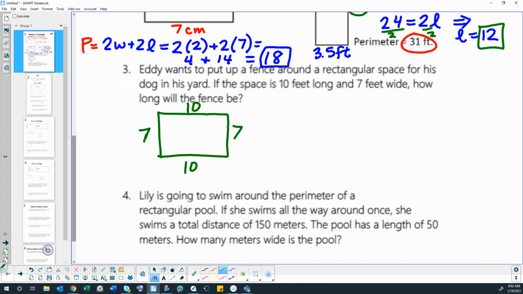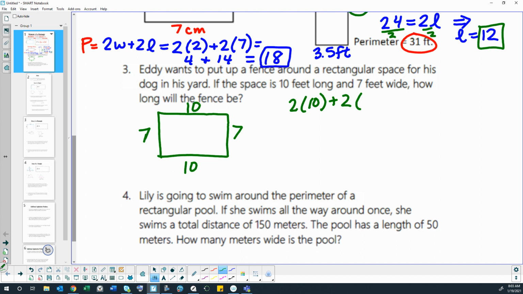So just like in problem 1, we could use 2 different methods. We could plug these into the formula, or we could just add them all together. So 10 plus 7 plus 10 plus 7, right? So 2 lengths would be 20, 2 times 10. And 2 widths. Notice how I just switched the length and the width when I was writing this down.